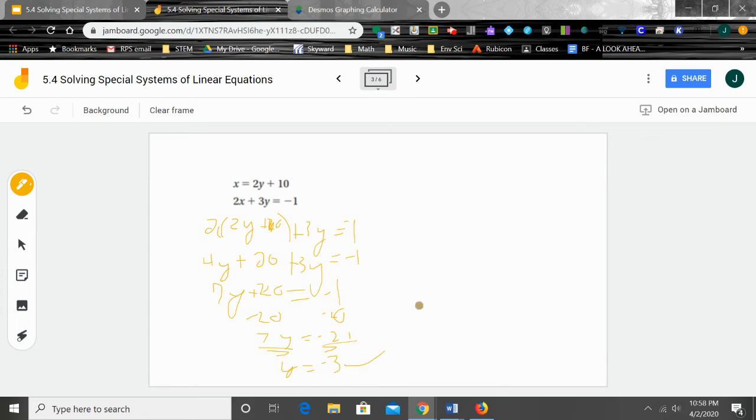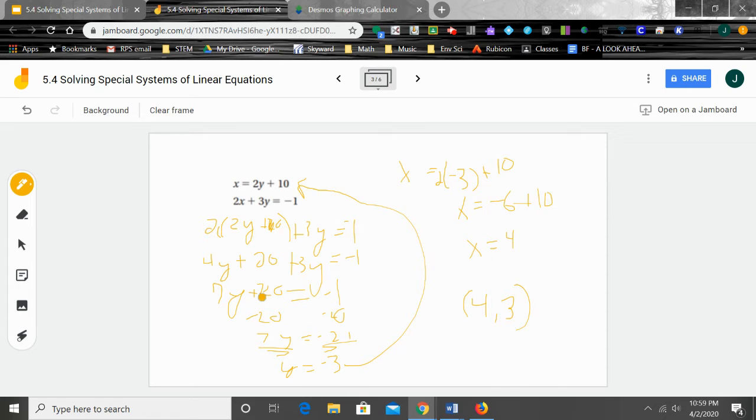So now let me plug this into that equation because it makes it easier, because it'll tell us what x is. x is negative 3 times 2 plus 10. So x is equal to negative 6 plus 10. So x equals 4. So this one actually has a solution.